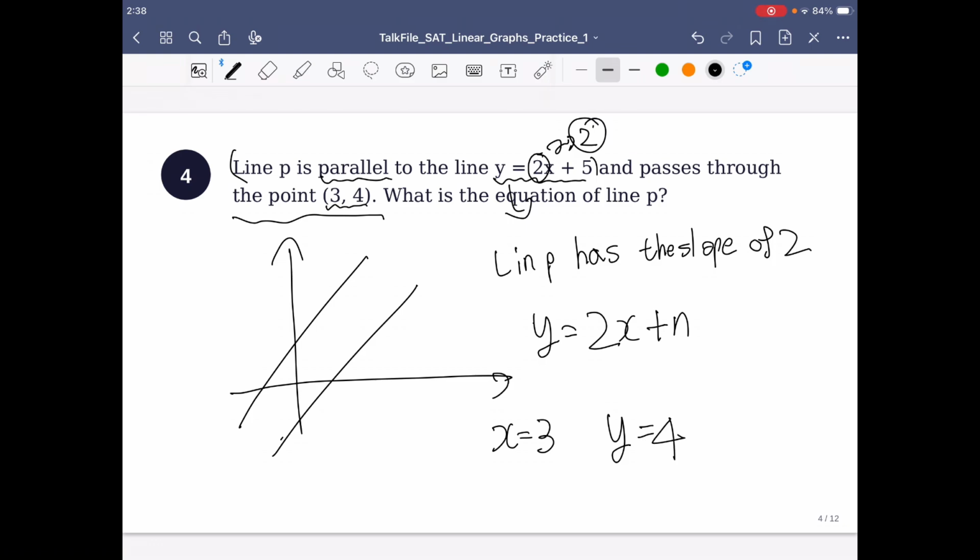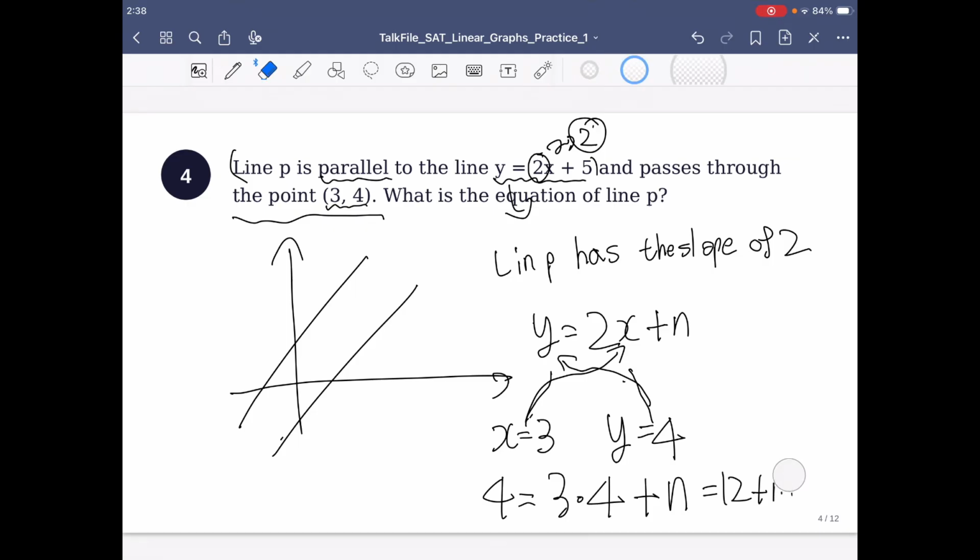So we substitute those two numbers into those variables: 4 equals 2 times 3 plus n. Then you get 6 plus n. Take 6 away from each side, then n equals minus 2.